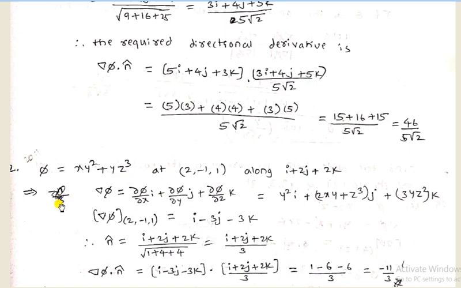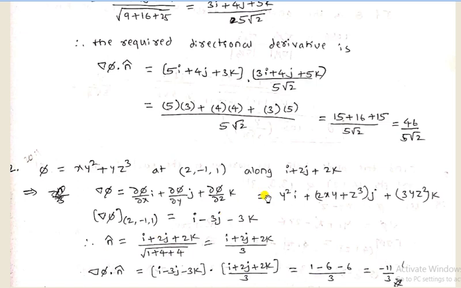So solution: here also first calculate del phi, by differentiating phi with respect to x, y, z partially, which gives y squared i plus (2xy plus z cubed) into j plus 3yz squared into k. Then after substituting x equal to 2, y equal to minus 1, z equal to plus 1, we get del phi as i minus 3j minus 3k.